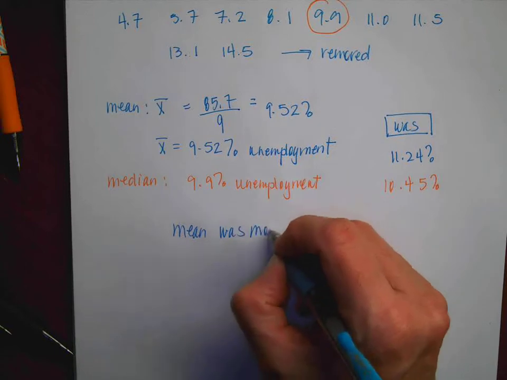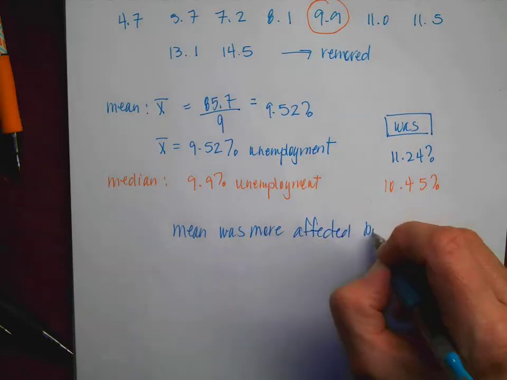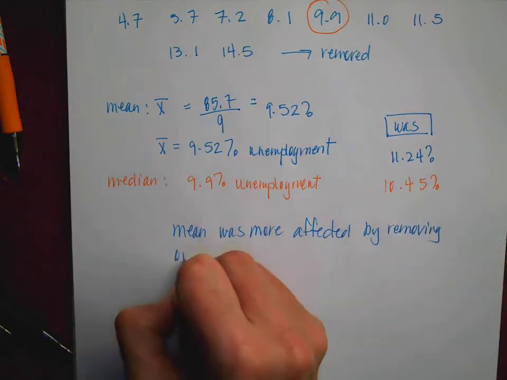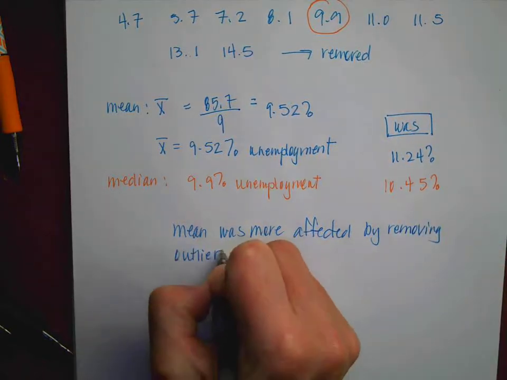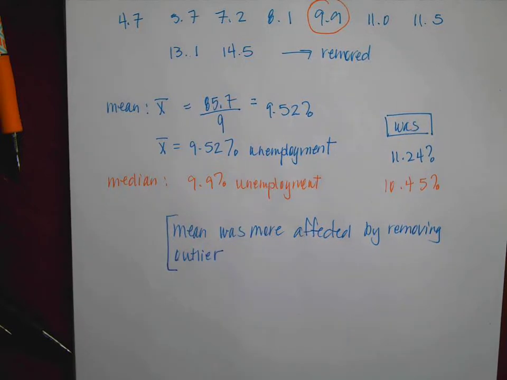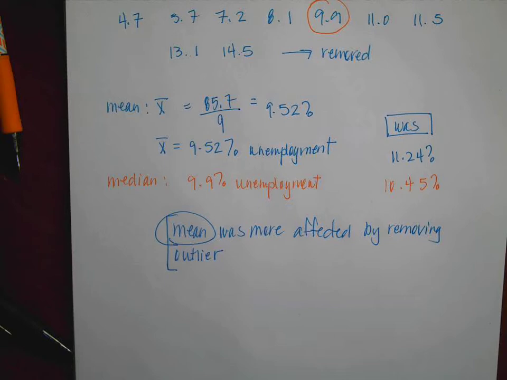So important to notice is that the mean was more affected by removing the outlier. It's an interesting thing to notice, and that's what we were talking about with our original data, is when we are comparing locations of center, we have to be careful if we have outliers.